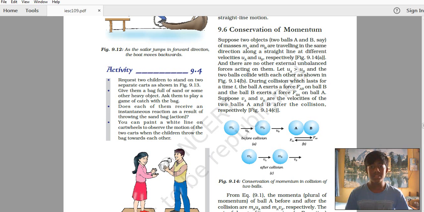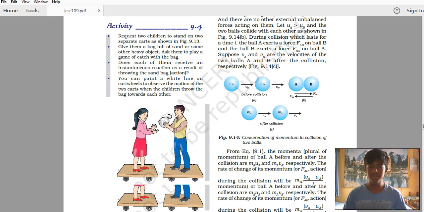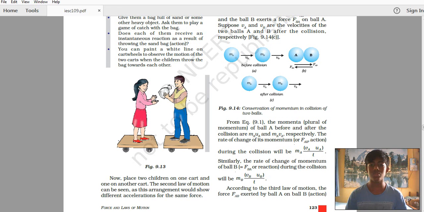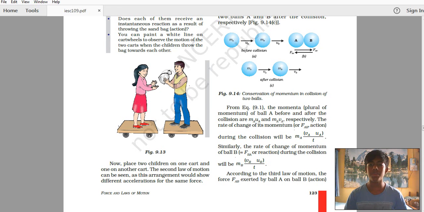The ball A exerts a force on ball B, and ball B exerts a force on ball A. Suppose VA and VB are the velocities of the two balls A and B after collision respectively. This is the figure. You have already seen this type of figure in the PowerPoint presentation, so no need to worry about that.